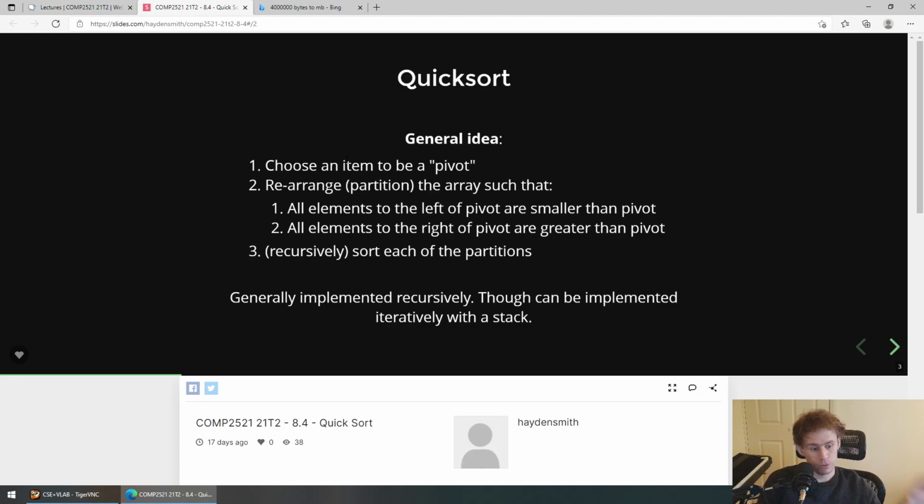Quicksort doesn't need that extra memory like merge sort. Quicksort's like the other kinds of sorts we deal with that can just do things in place. The downside of quicksort, however, is that it has a worst case time complexity of n squared. But there are ways we can mitigate that.